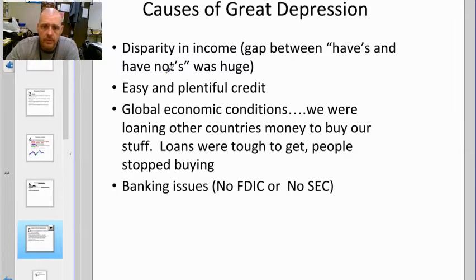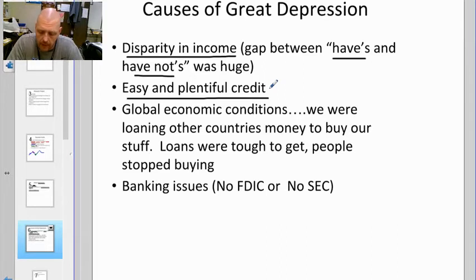What were some of the reasons for that? There was a pretty large gap between the haves and the have-nots, so a disparity in income. We had easy and plentiful credit. We had people overextending themselves, borrowing more than they could really afford to pay back because they were super optimistic, thinking, hey, everything's going to be just fine going forward. I don't mind borrowing more.